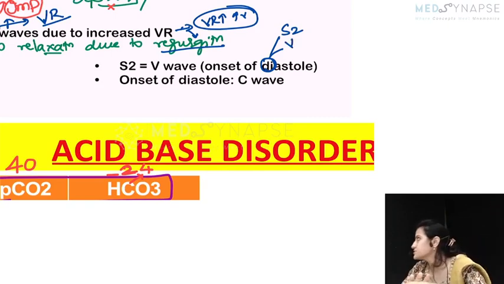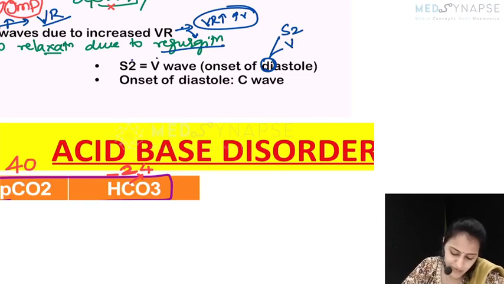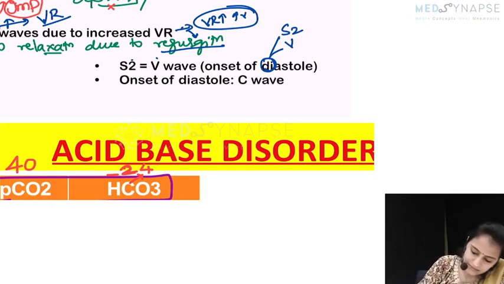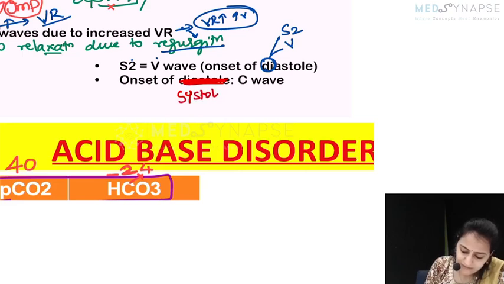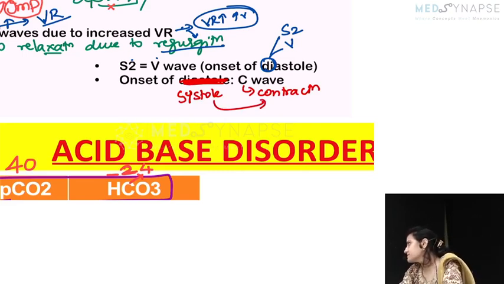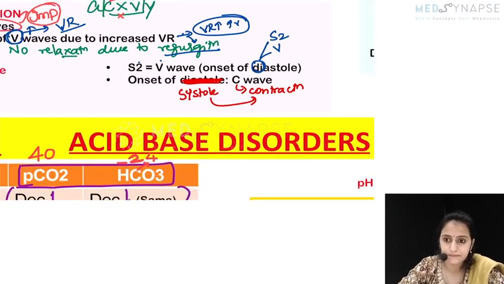So remember, it's the S2 and the V. S2 and V is the onset of diastole. Correct. This C wave is onset of diastole or systole? This is not diastole, this is systole. C matlab C for contraction. That's the systole. Okay, the C wave is the onset of the systole.